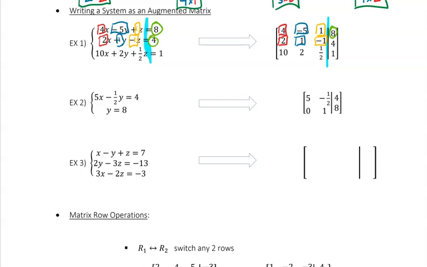And then the number on the other side is 4. For the last one, same exact thing. We have 10, 2, 1/2, and 1.